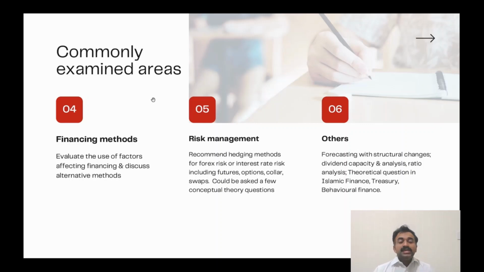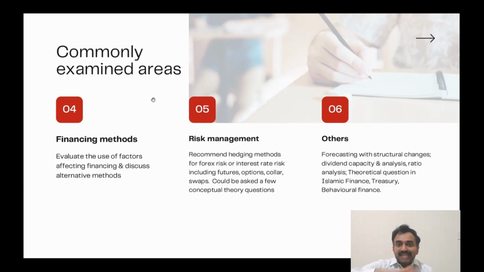You may again get small theory questions on other areas which form part of AFM, such as Islamic finance, behavioral finance, and treasury related questions, where you need to have an appreciation of what treasury does, whether centralization is better or decentralization is better. So you will always have questions on these areas, which will not be a huge amount of marks, but will be somewhere between 6 and 8 marks.